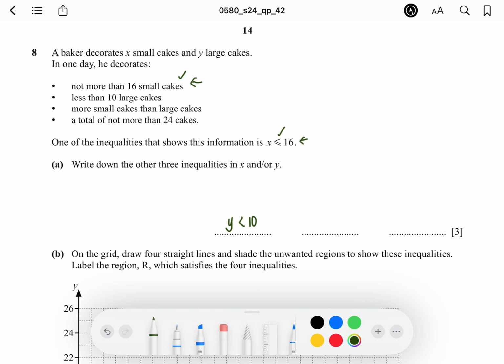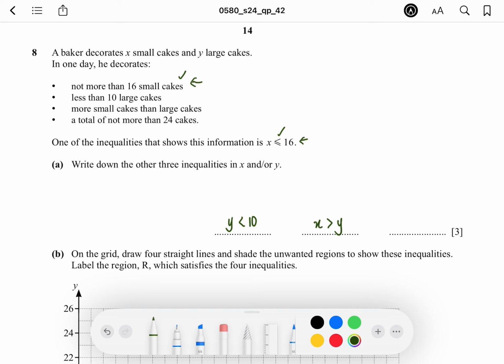Okay? More small cakes than large cakes. Small cakes is X. So X more than Y. Because small cakes is X, large cakes is Y.